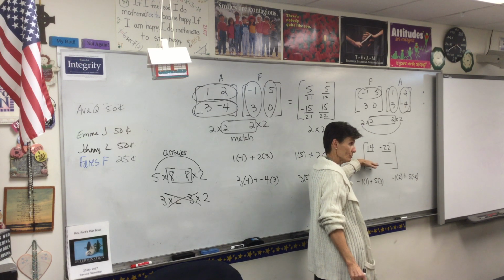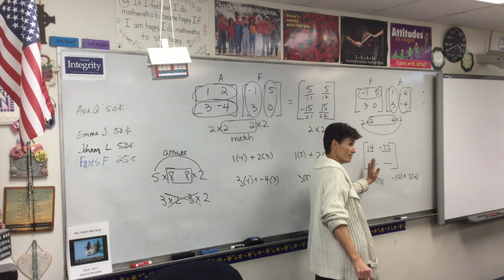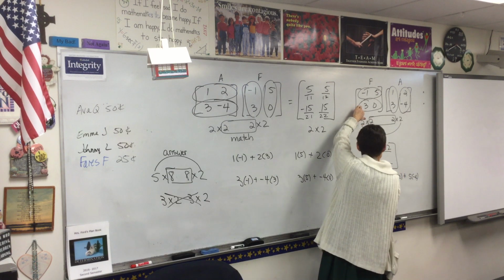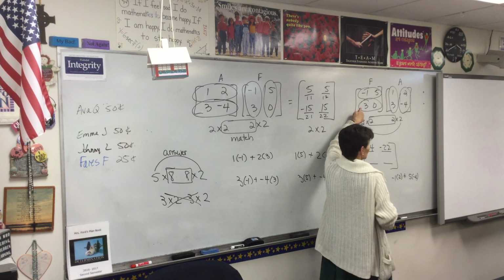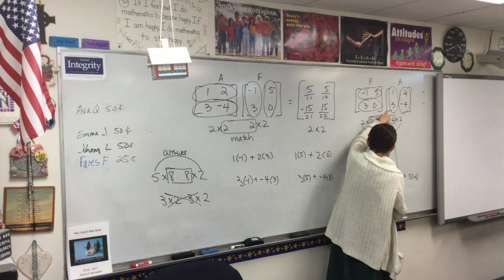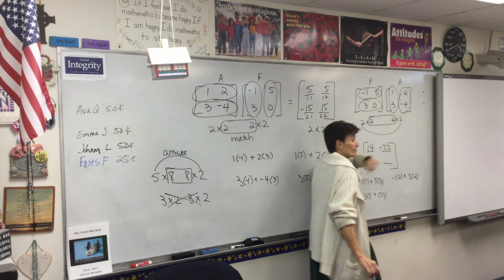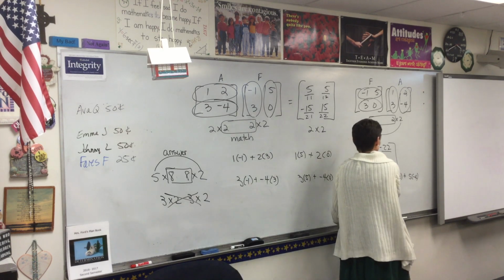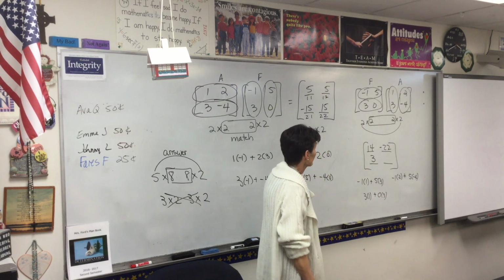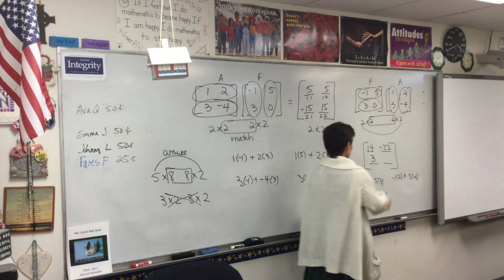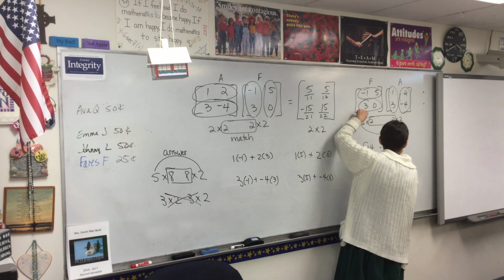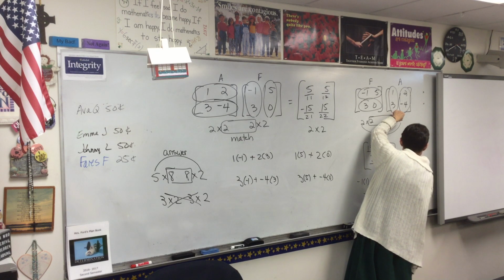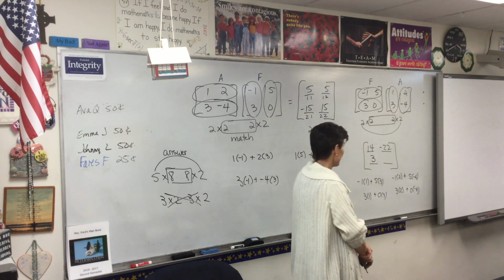This is in row 2, column 1. So I'm going to take row 2. So my row 2 numbers are 3 and 0 times my column 1 numbers, which are 1 and 3. And that'll be 3. And then last but not least, row 2, column 2, and that is going to be 6.